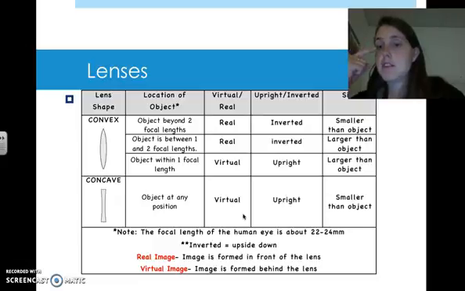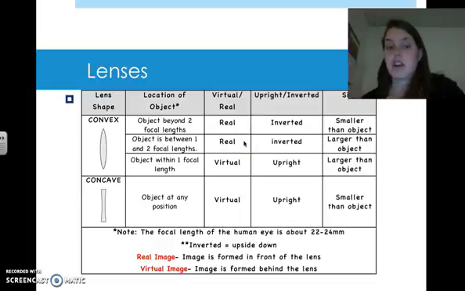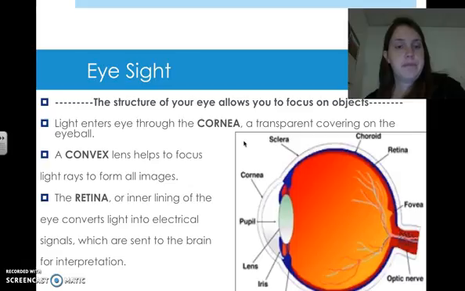The lens of your eye is on the outside, and the image is formed behind it and shown upright, and because it's formed behind the lens, your brain doesn't need to correct it. Whereas real images are formed in front of your lens, which means they have to be corrected because they're inverted, or upside down.